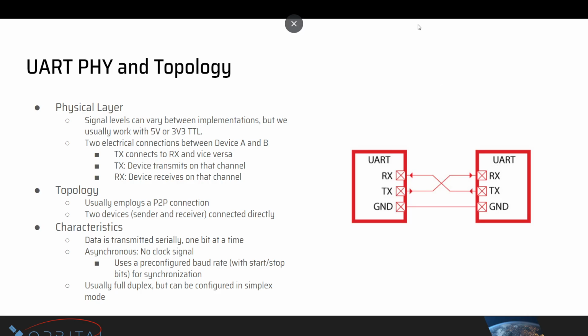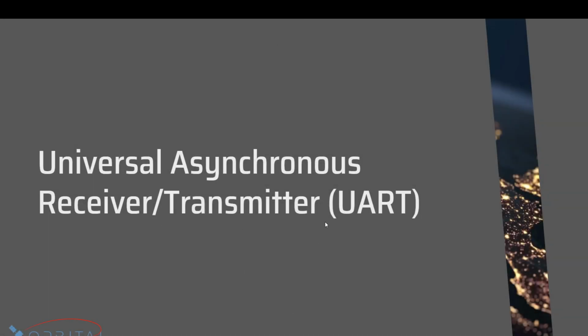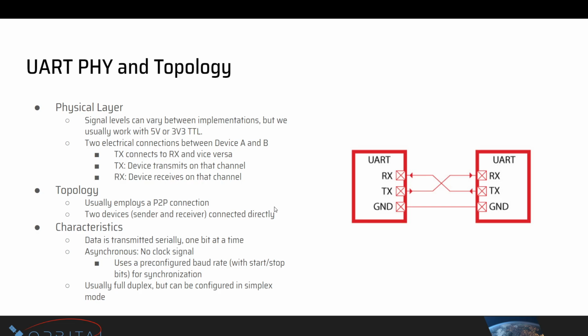All right. So now we're going to talk about UART, which is a very common serial protocol. For the physical layer, signal levels vary depending on the implementation, but usually you'll have 5 volts or 3.3 volt TTL.